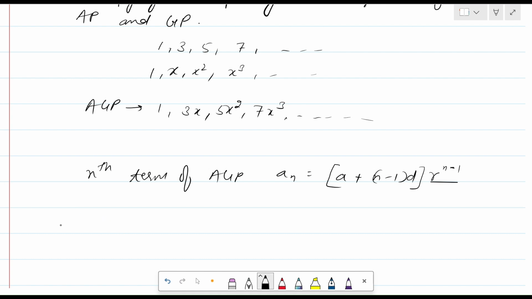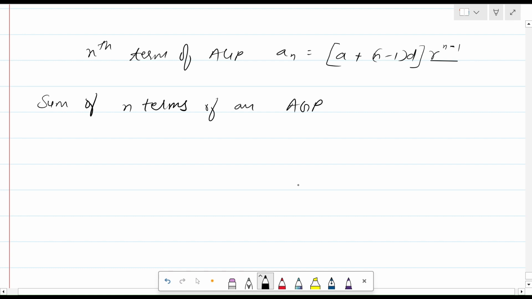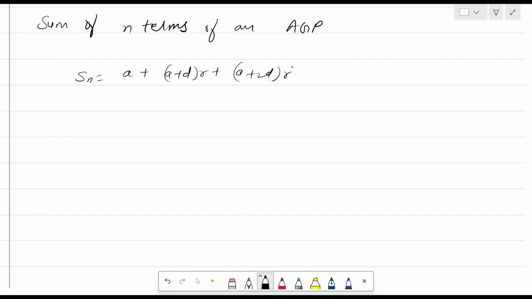If I want to find the sum of n terms of an AGP, so Sn will be a, the first term is a, the second term is a plus d times r, the third term is a plus 2d times r square, plus, and what will be the nth term?